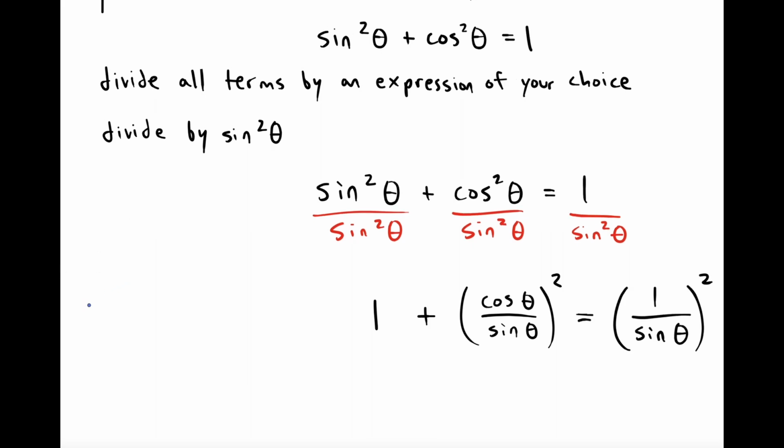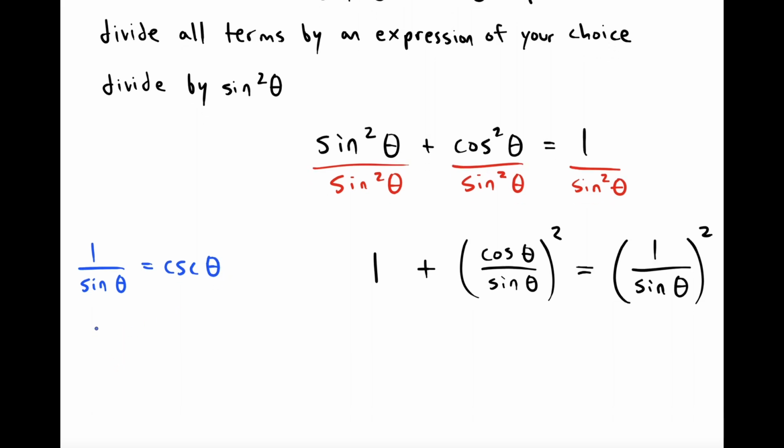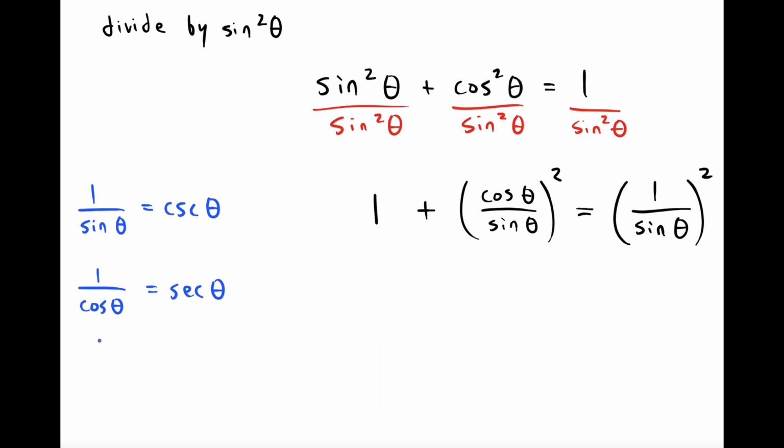We always have these identities from our past that 1 over sine theta was equal to what we called cosecant theta. We also have 1 over cos theta is going to be the secant of theta. And then we also have one more, that cosine theta over sine theta was cotangent of theta.